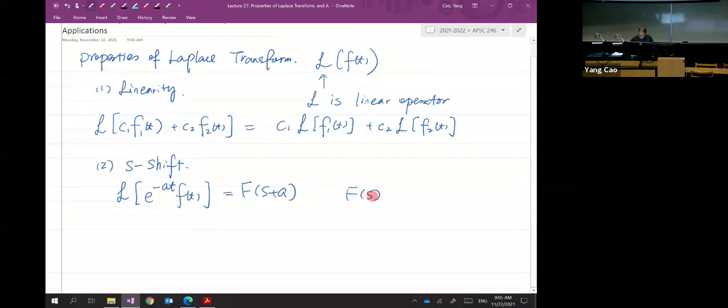And of course, F of s is the Laplace transform of the function f of t. So this is called S-shift. Sometimes we also call it frequency shift.